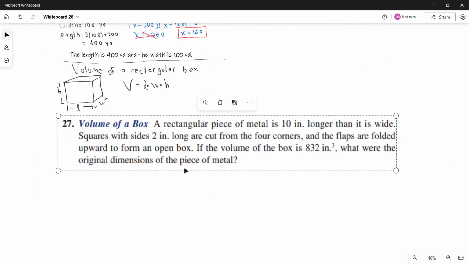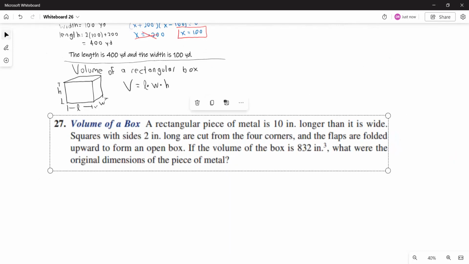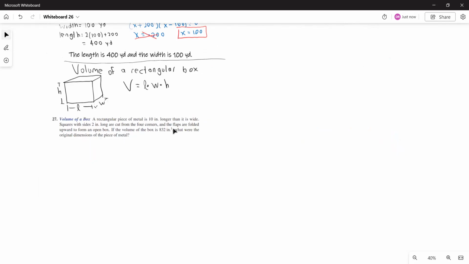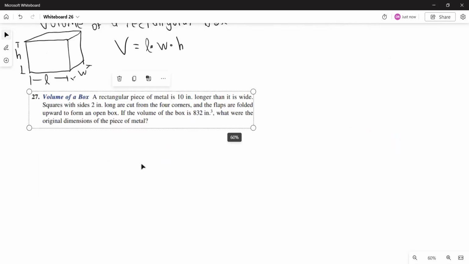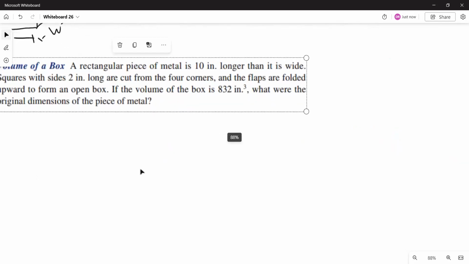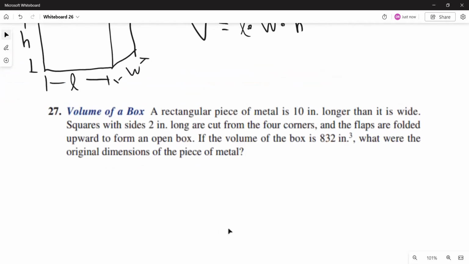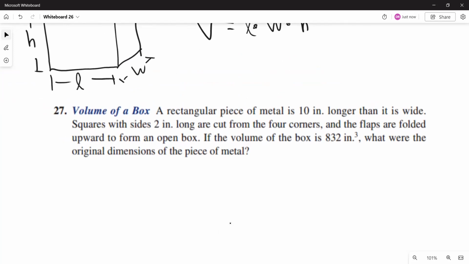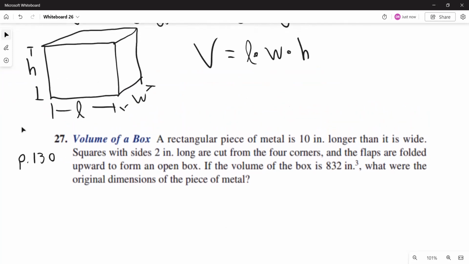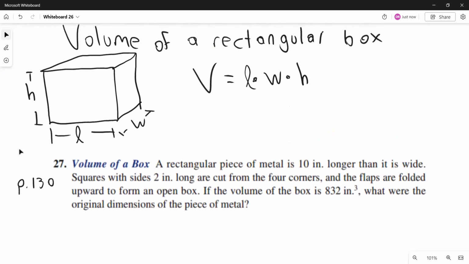That's still on page 130. Okay, a rectangular piece of metal is 10 inches longer than it is wide.